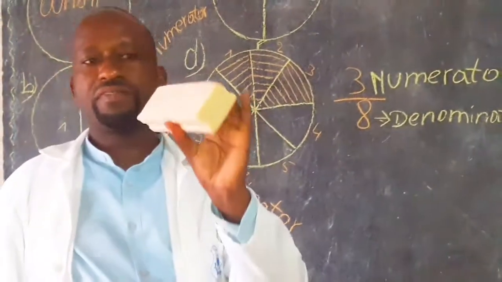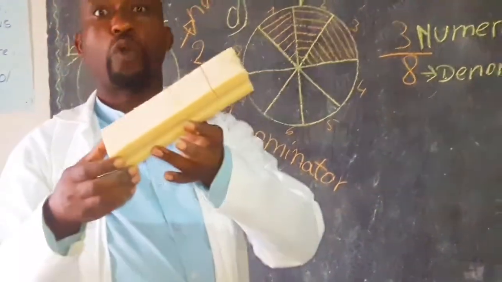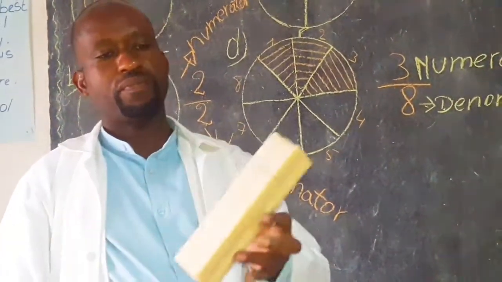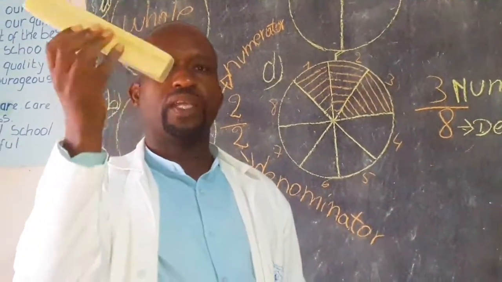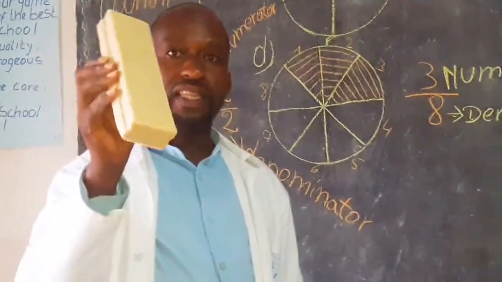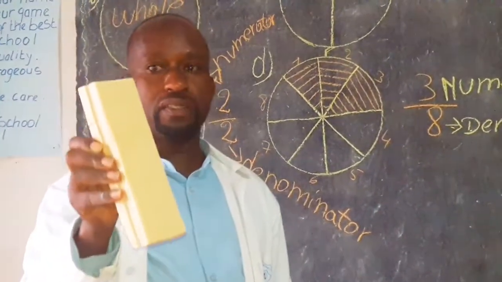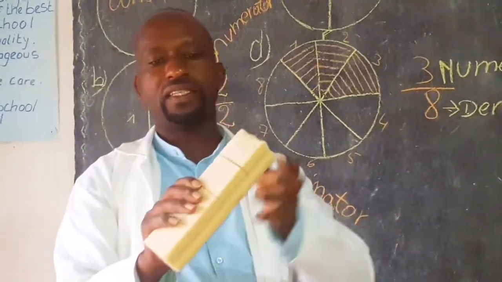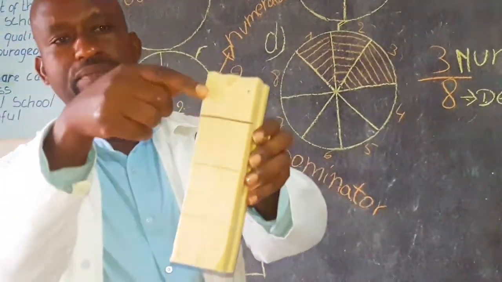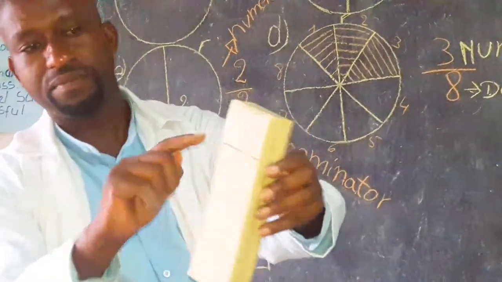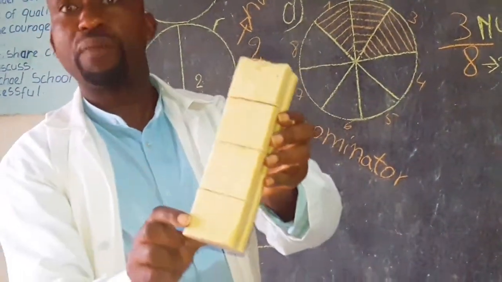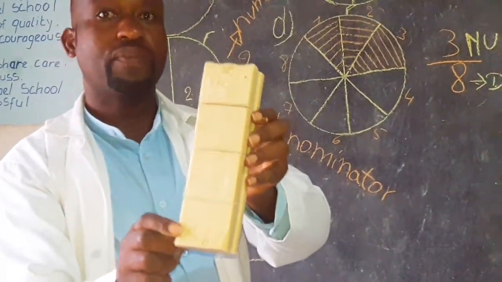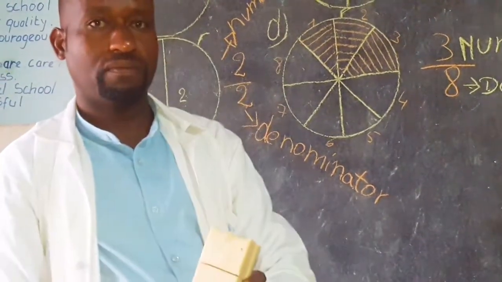Here also I have a soap. This is a whole soap. And I'm going to divide this soap in 4 parts like this. Here, I cut here, here again, and here. The available parts are 4 parts.